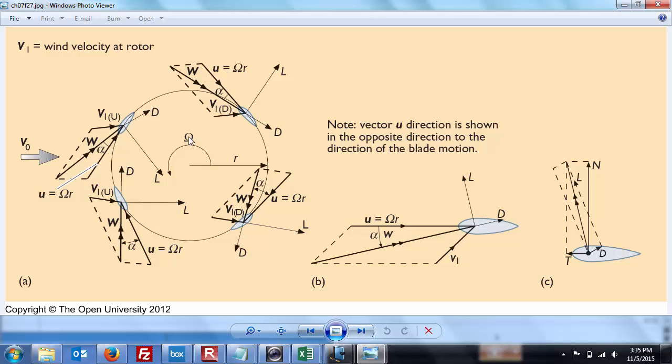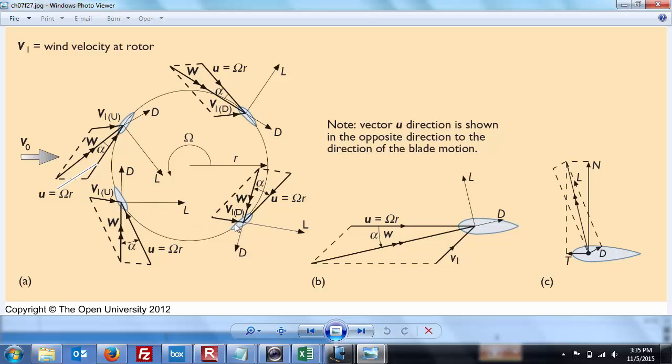Now what does change is this V sub I, or the velocity of the wind that's hitting the blade. So in this case, it's kind of up and to the right, about the same length as the wind speed. Here it's down to the right because the blade's moving that direction now.